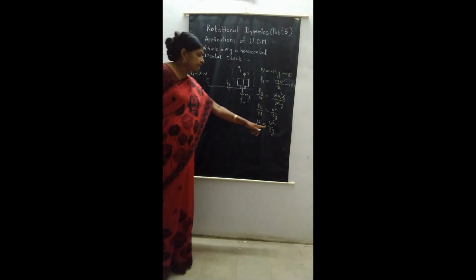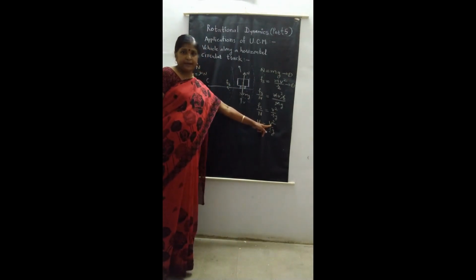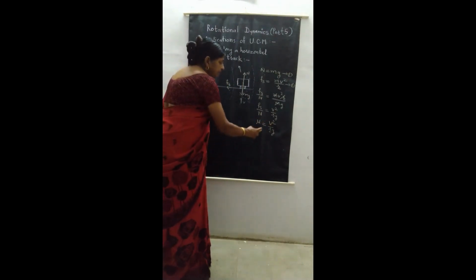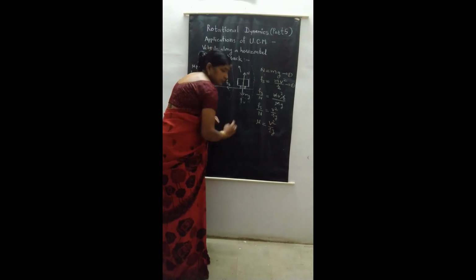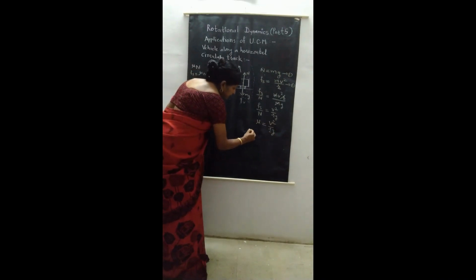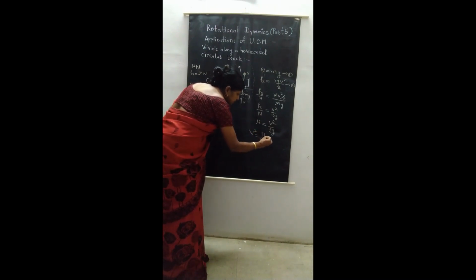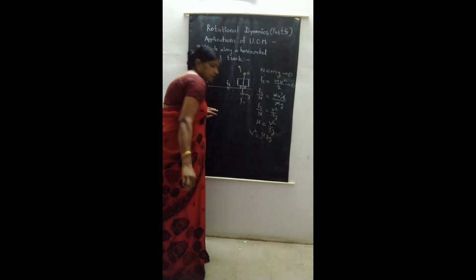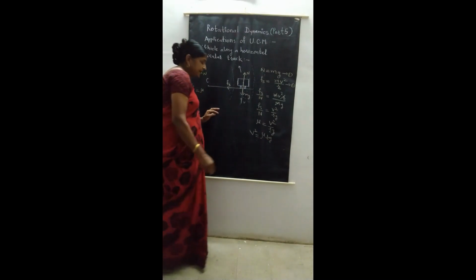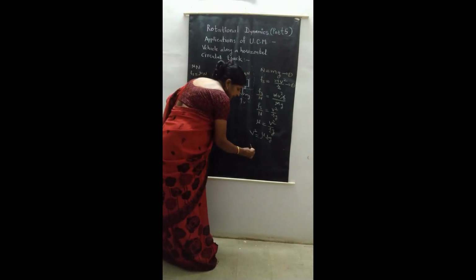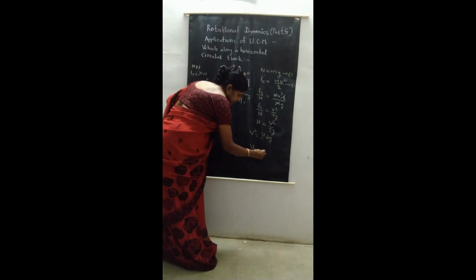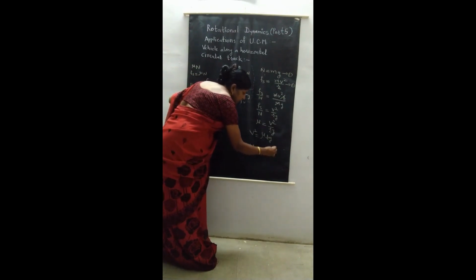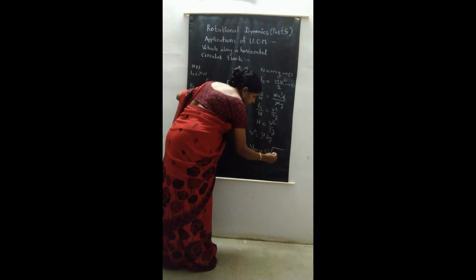We are going to find out the maximum speed. Therefore, I will transfer this rg to the other side to get v square is equal to mu rg. Hence, by taking the square root of both sides, I will get v max is equal to under root mu rg.